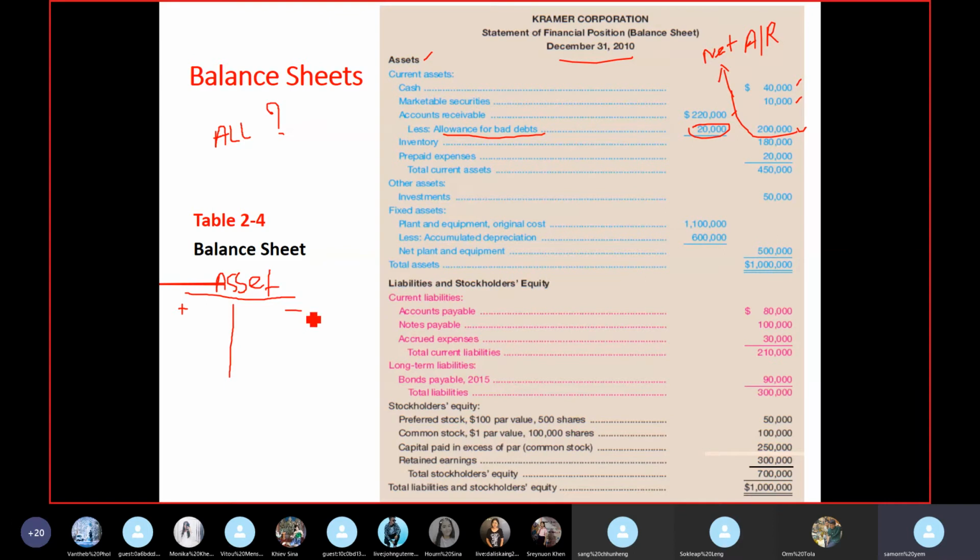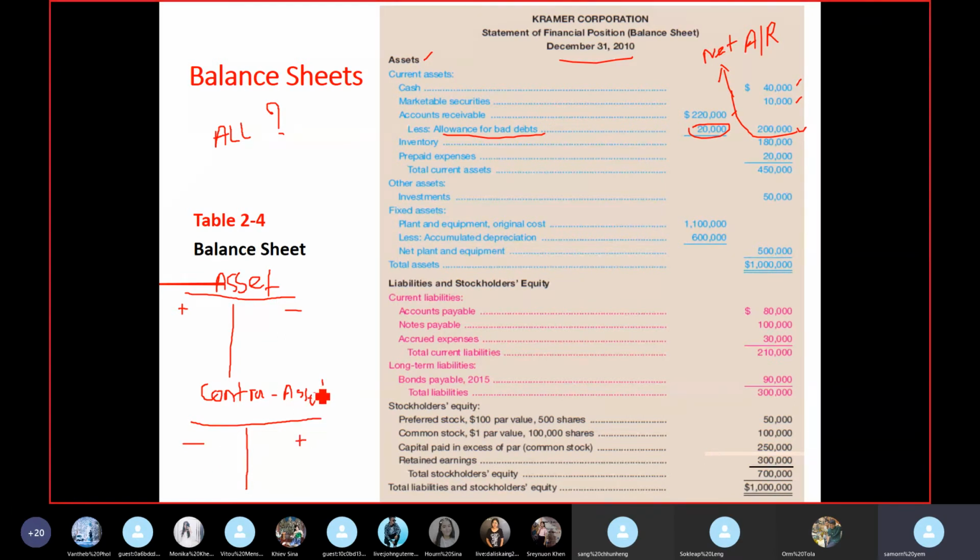But depreciation or allowance for bad debt, we can say it is a contra asset, like depreciation or allowance for bad debt. Contra asset means that it increases at the right side or decreases at the left side.